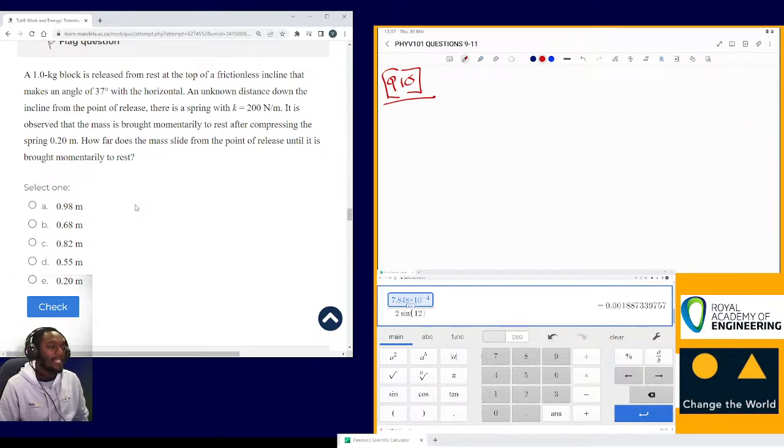It is observed that the mass is brought momentarily to rest after compressing the spring a distance of 0.2 meters. How far does the mass slide from the point of release until it is brought momentarily to rest? Okay.